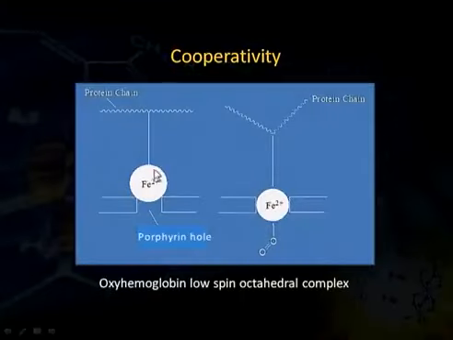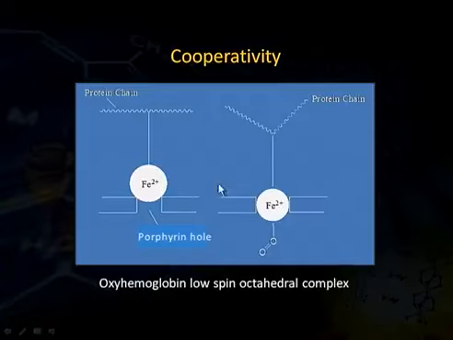Here we can see that this is Fe2+ with a large size because it is present in high spin. This is the porphyrin hole, and here also we have the porphyrin hole, but here the iron is now 6 coordinated, the 6th coordination site is occupied by oxygen, the size has decreased and it is a low spin complex, and since the size has decreased, this iron falls into the porphyrin hole, whereas here the iron is above the plane of the porphyrin hole by about 70 picometers.